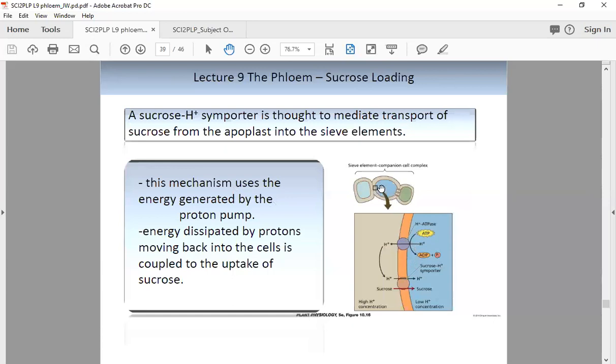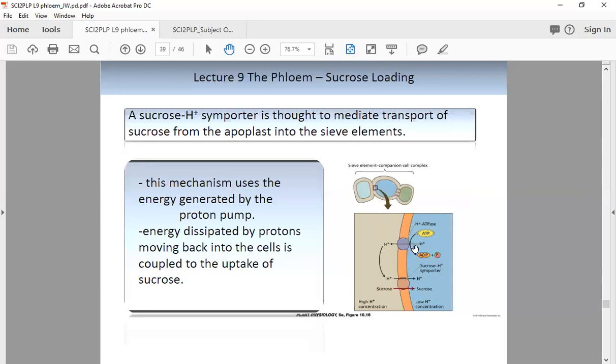Across the membrane, but the proton gradient is actually set up across the plasma membrane into the apoplast. So this region here simply represents the apoplast. And you remember that the apoplast is that region in between the plasma membrane and the cell wall. Okay, so that makes sense.